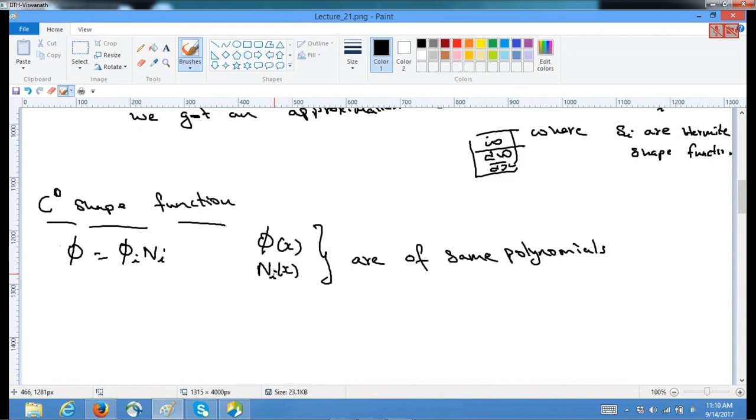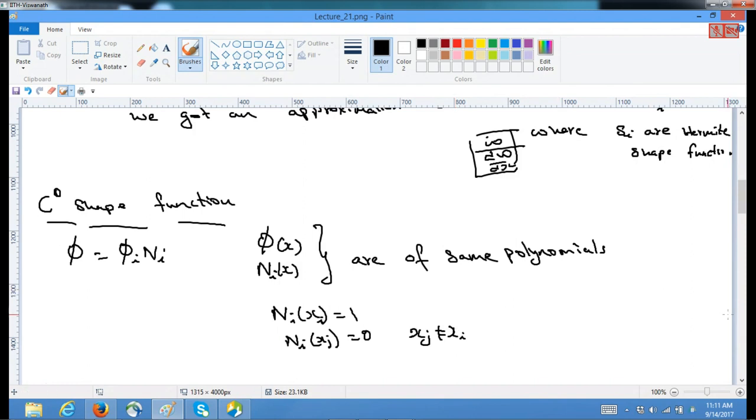Okay. Further, for any shape functions, what we said was Ni of xi is equal to 1 and Ni of xj is equal to 0, where xj is not equal to xi.